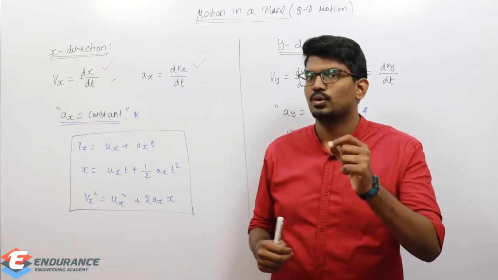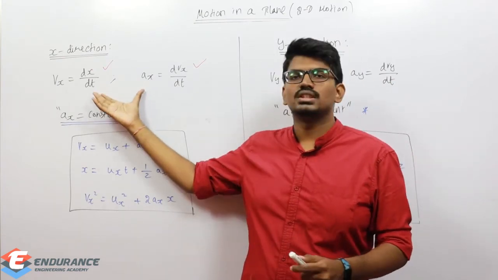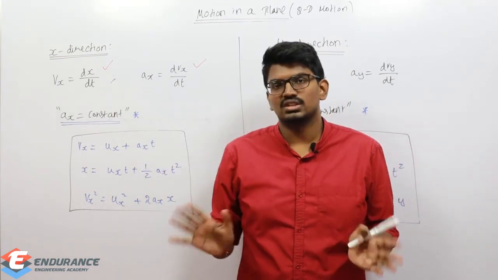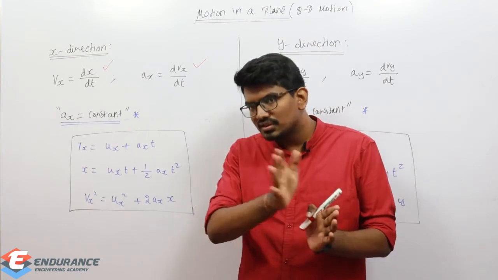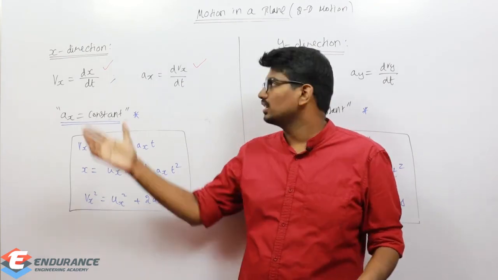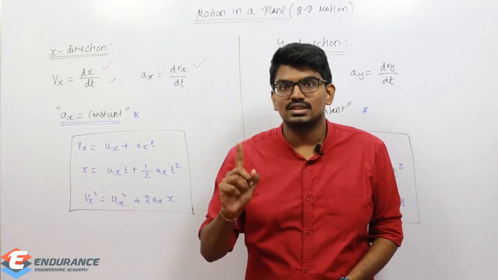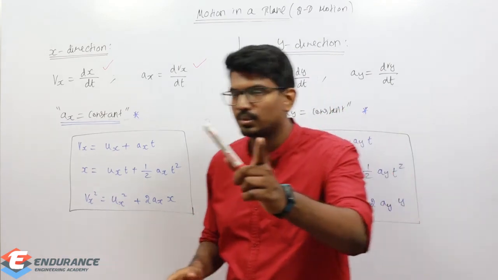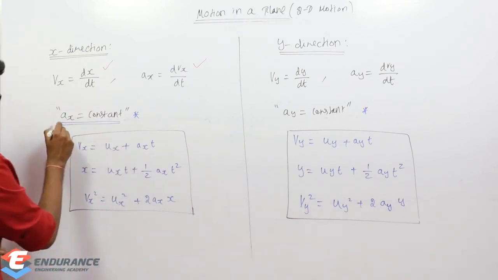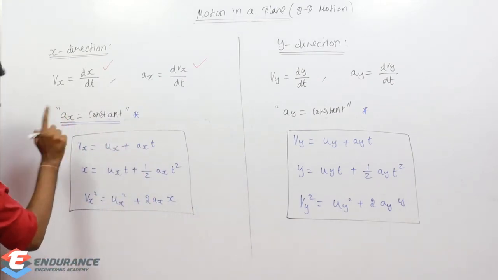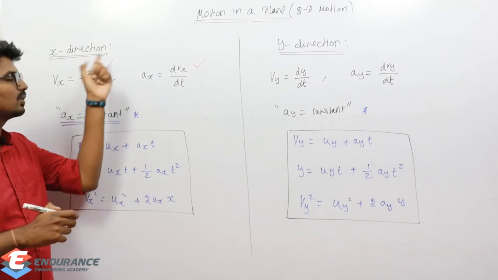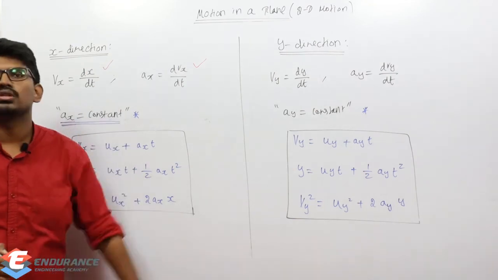And the important point is, for these two, there are no assumptions. We can use them anywhere. It just has to be two dimensions, in which the x direction component can be determined using these two. And if acceleration is constant along the x direction, this is very important. You only worry about the x direction, because I am concentrating only on the x direction. Don't worry about the y direction.